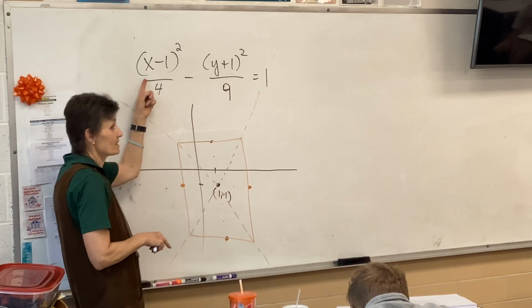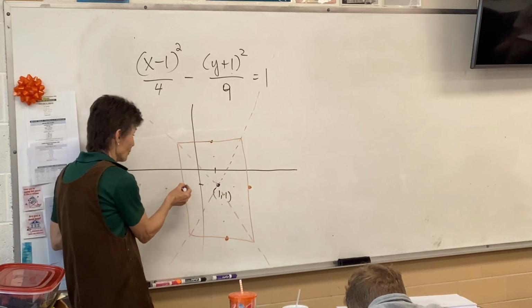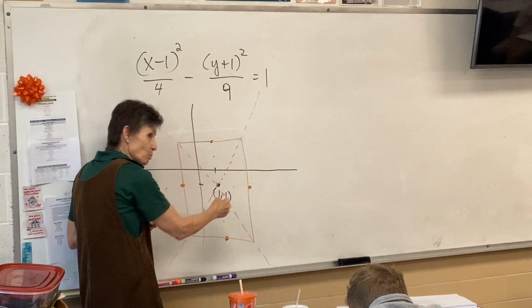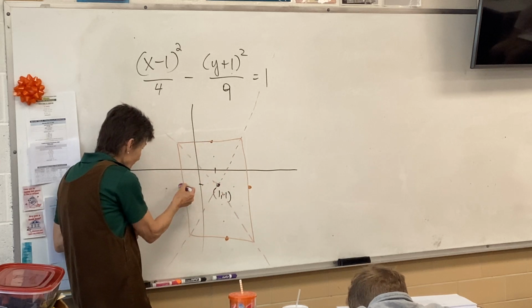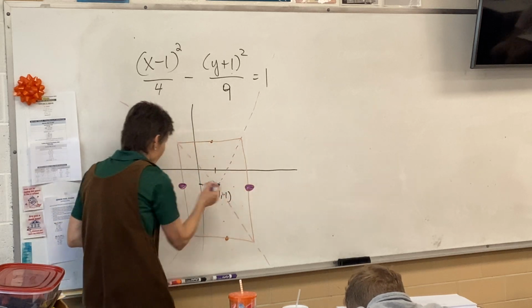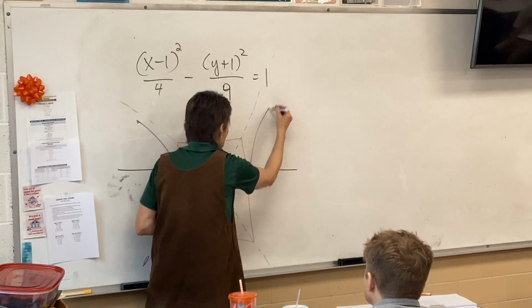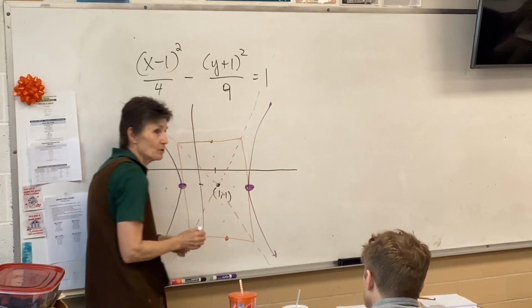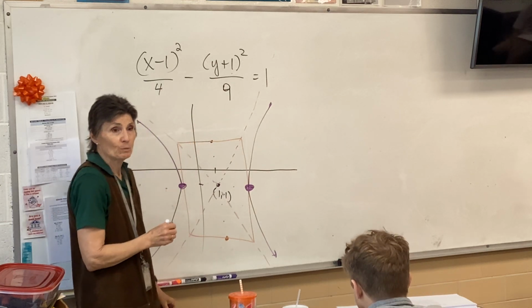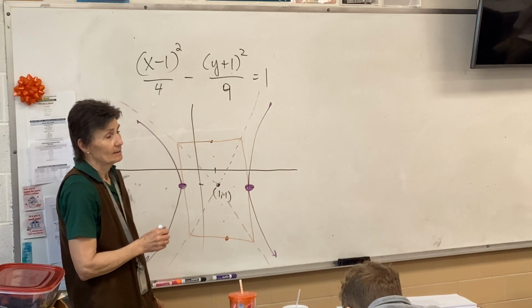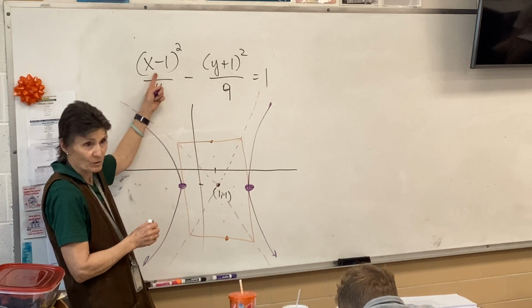So which one is this one? Left and right. So remember these orange points when you built the box? This one right here and this one right here are going to be your vertices, because that's the way the hyperbola is going to open. And we know that because that letter comes first.